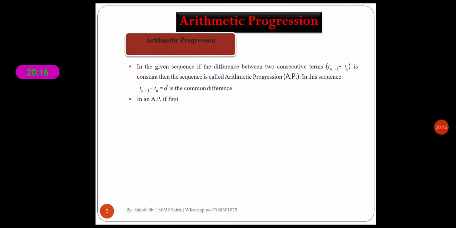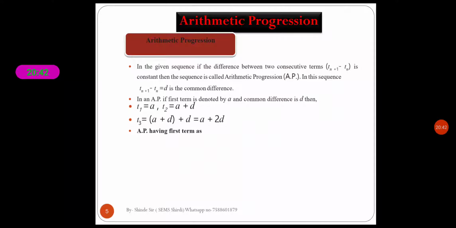AP is a short form of arithmetic progression. If the first term is denoted by a and the common difference is denoted by d, then we get the sequence: t1 is the first term, equal to a, t2 is equal to a plus d, t3 is equal to a plus 2d, t4 is equal to a plus 3d. Okay, an AP having first term a and common difference d is a, a plus d, a plus 2d, a plus 3d, and so on.